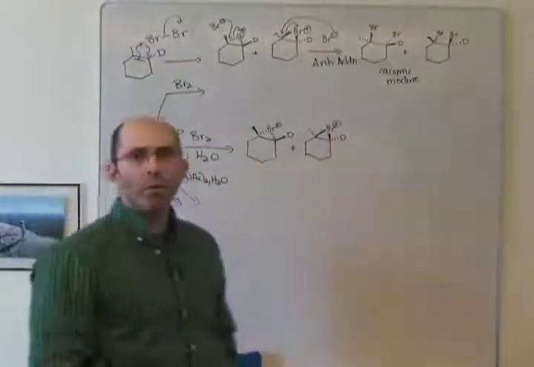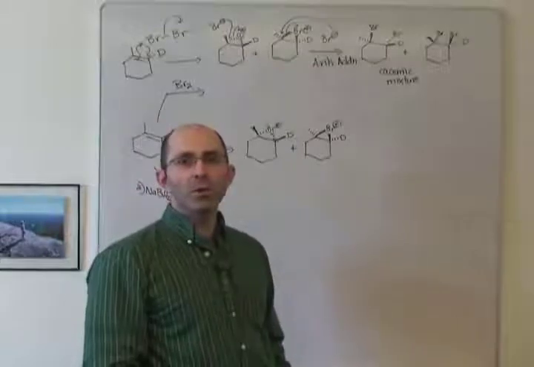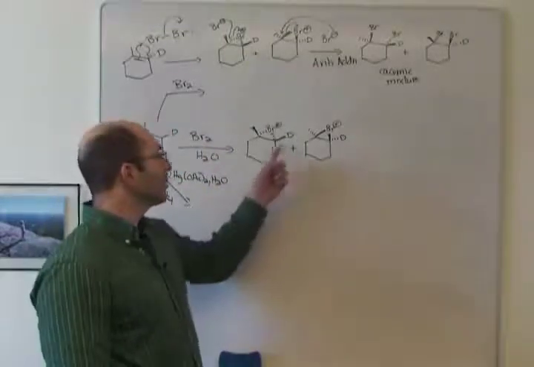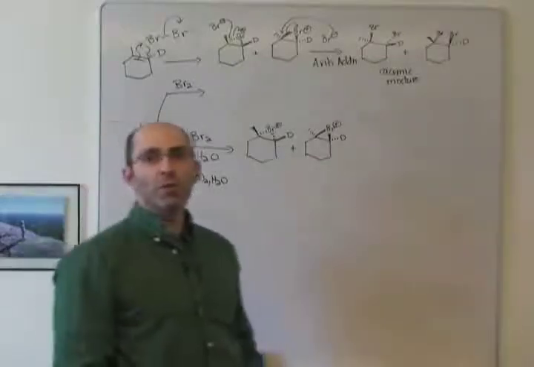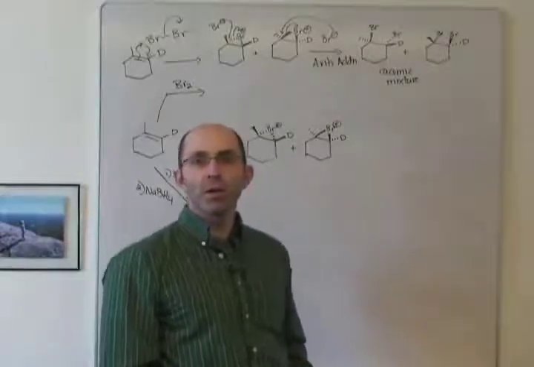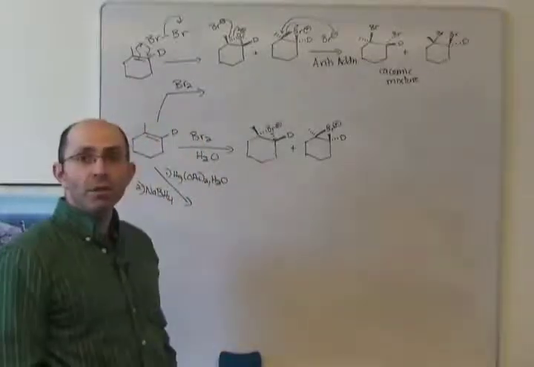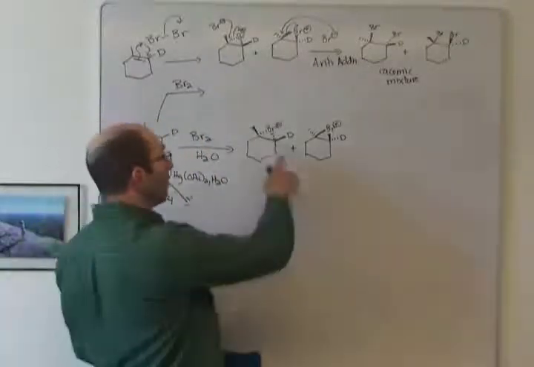Now we need to start worrying about where is the OH going to attack. So if this was sterically controlled, we would add the OH to the position where deuterium is. Deuterium is definitely smaller than a methyl group, right? Again, it's just a proton with a neutron, right? So if it was sterically controlled, it would add to that position.